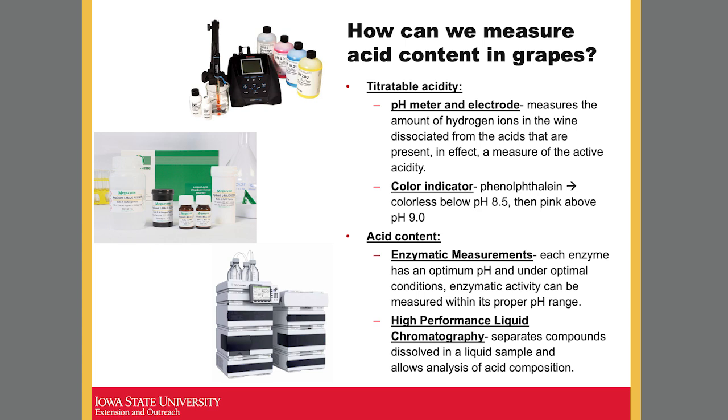That's really just to have a better idea of what organic acids we have in juice and wine, and in which concentration. So that's a pretty specific equipment and specific method.